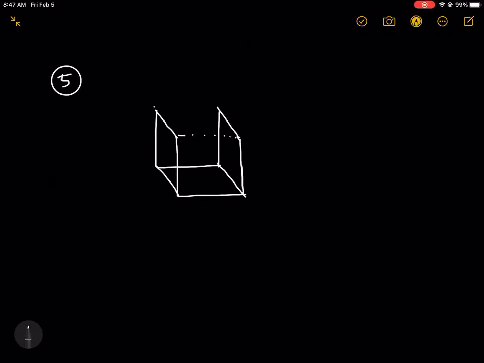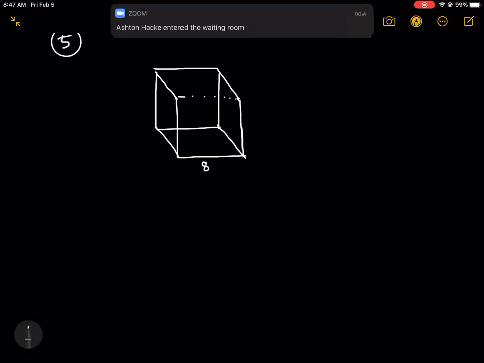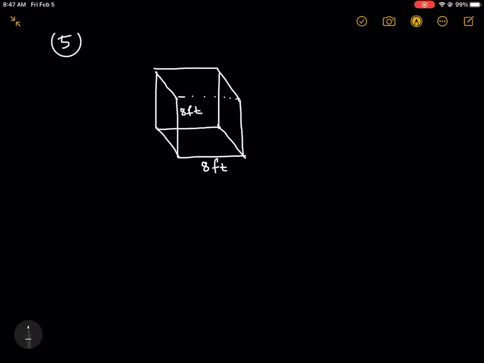Let's say that's your sandbox, and the measure of that is 8 feet by 8 feet by 1 foot. So that's 8 feet, that's 8 feet as well, and this is 1 foot. So we know the measurements.